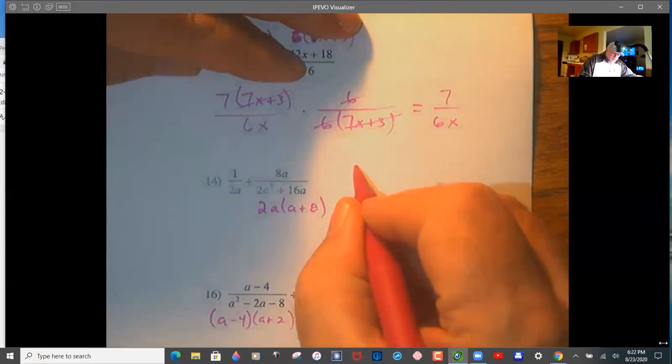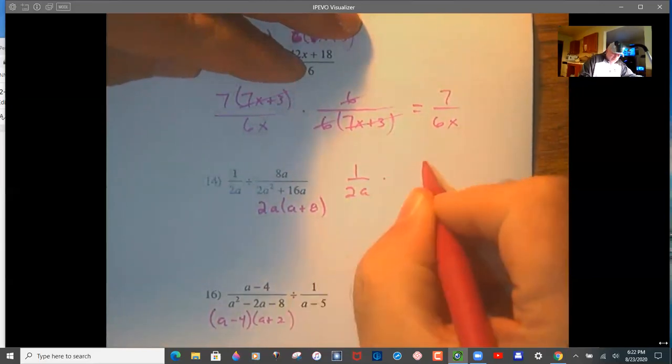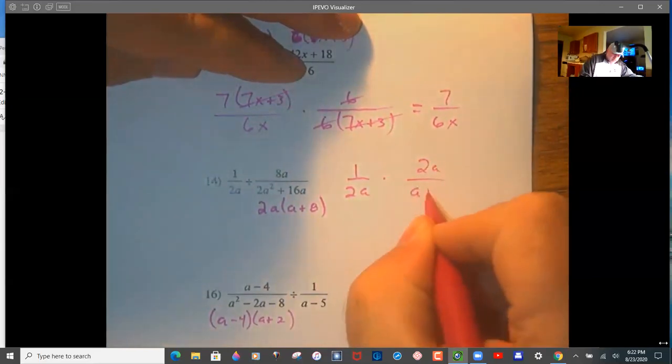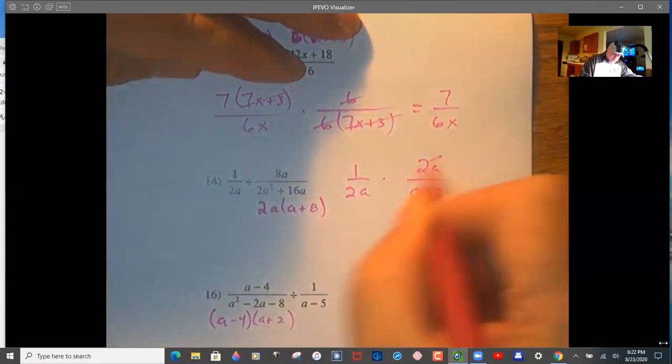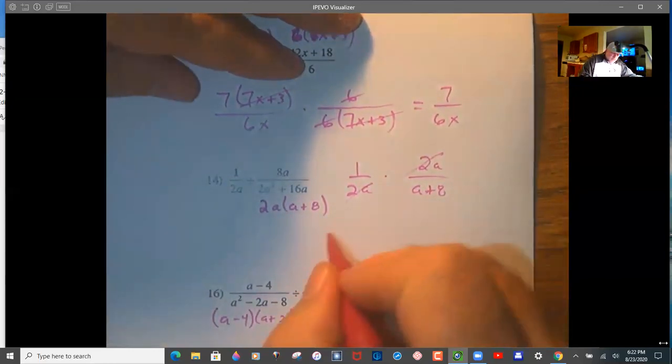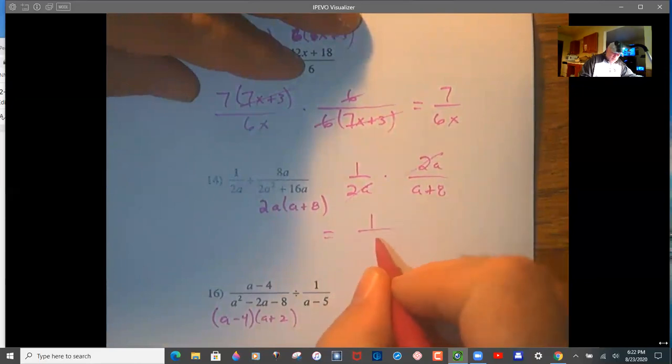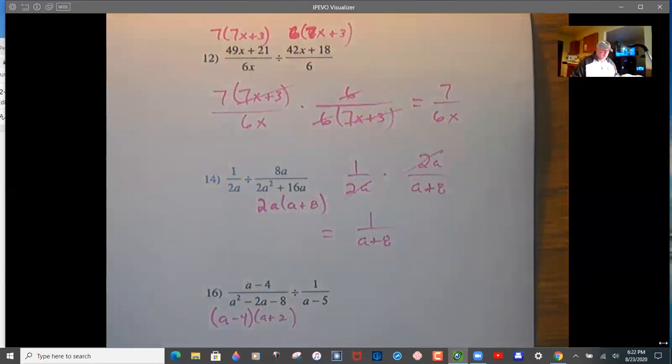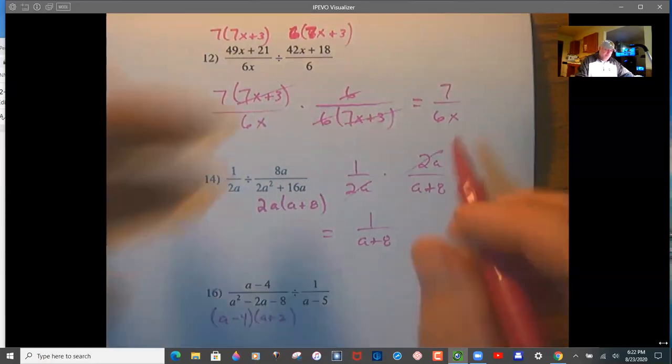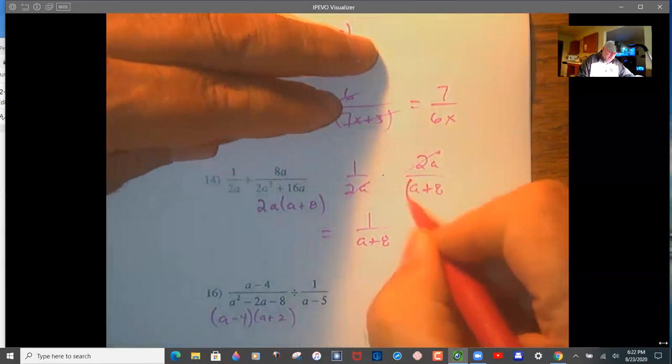Okay, so here 1 over 2a times 2a over a plus 8. And so the 2a's will go away, and we have 1 over a plus 8. Pretty simple. I'm sorry, I messed that up.